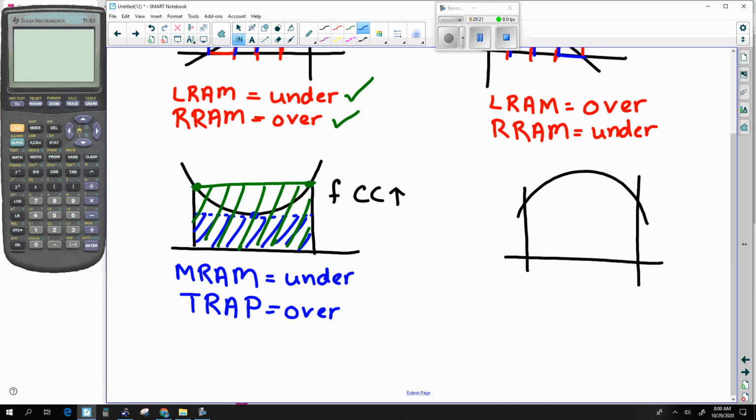Again, if you take an MRAM, the height of the rectangle is going to be there, which is way more than the area underneath the curve. So again, the area underneath the curve is supposed to be just purely this.